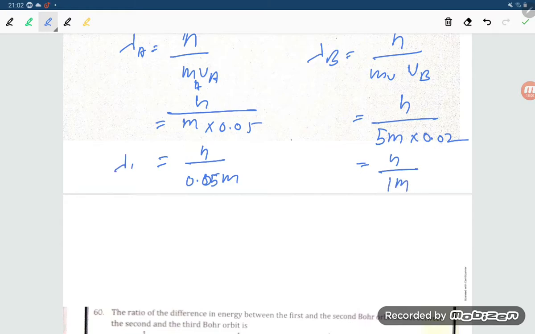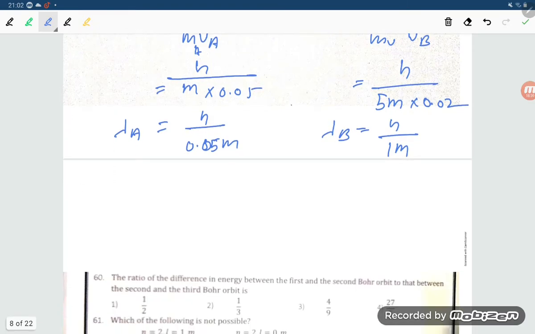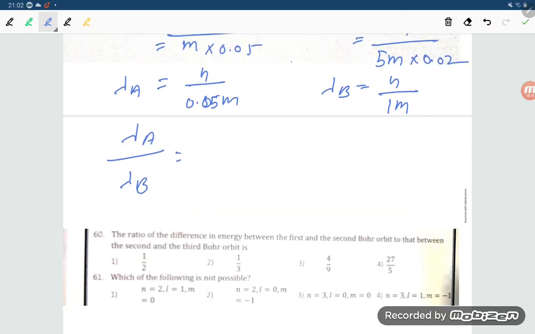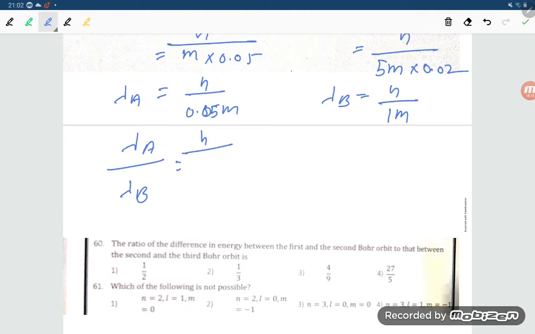So that is lambda A and this is lambda B. Now, if they are asking lambda A upon lambda B, how can you solve, students? It is h upon 0.05 m divided by h upon 0.1 m.